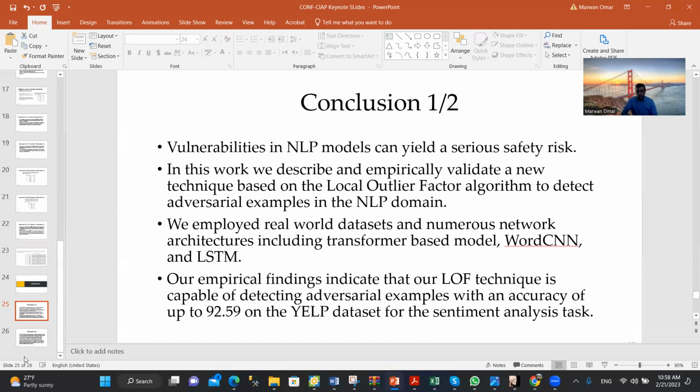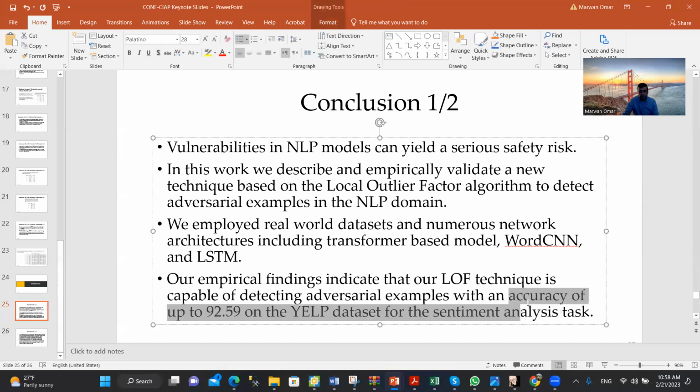We employed real-world data sets and numerous network architectures, including transformer-based model, CNN, and LSTM. Our empirical findings indicate that our LOF technique is capable of detecting adversarial examples with an accuracy of up to 92% on the Yelp dataset for the sentiment analysis task.